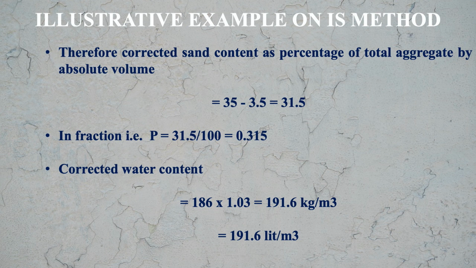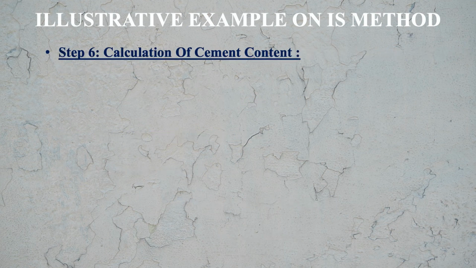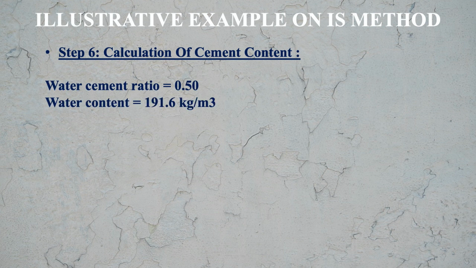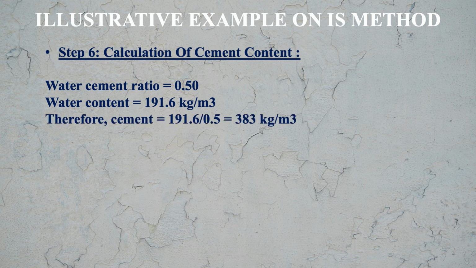Then we move to the next step, that is step 6, calculation of cement content. Now up to this point, what we have decided, that water cement ratio is 0.5, water content is 191.6 kg per meter cube. So the cement will be 191.6, because water cement ratio, which is water upon cement, is equal to 0.5.